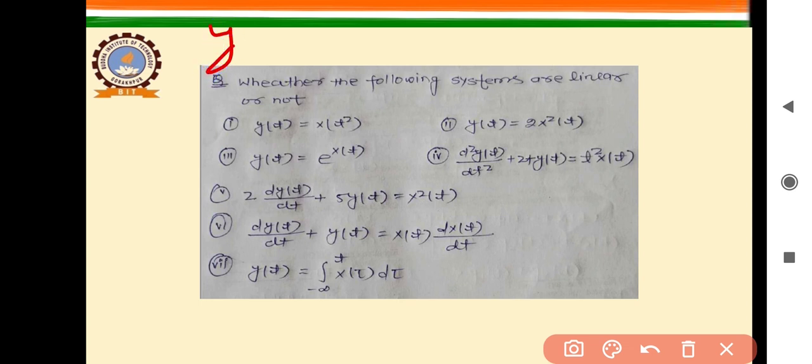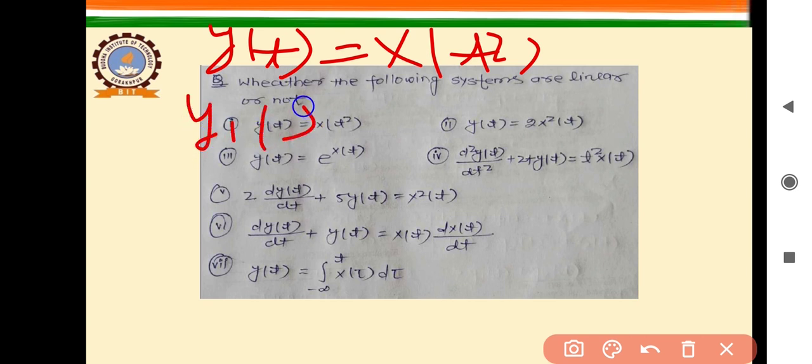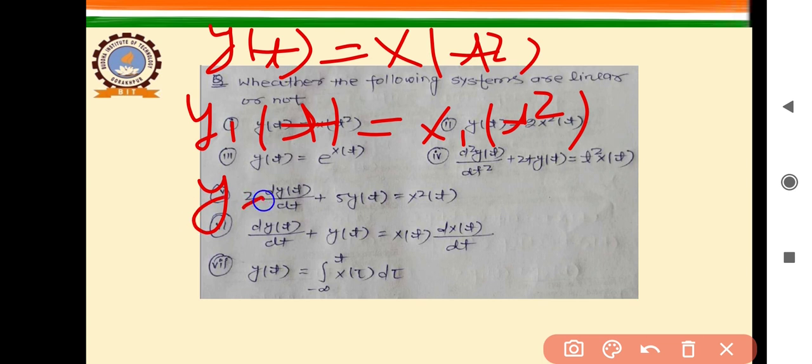Suppose y(t) is given as x of t square. To check the law of additivity, first, as I said, replace x by x1 and y by y1. Then y1(t) will be equal to x1 of t square and y2(t) will be equal to x2 of t square.